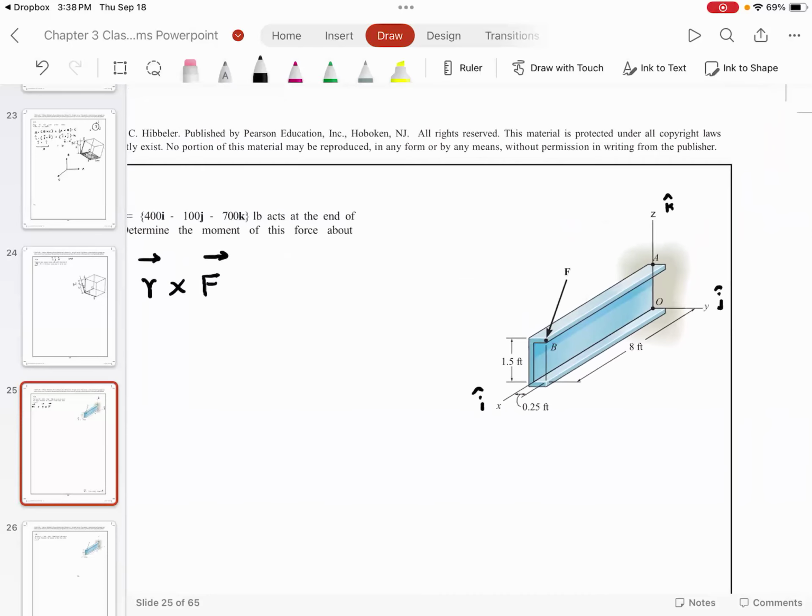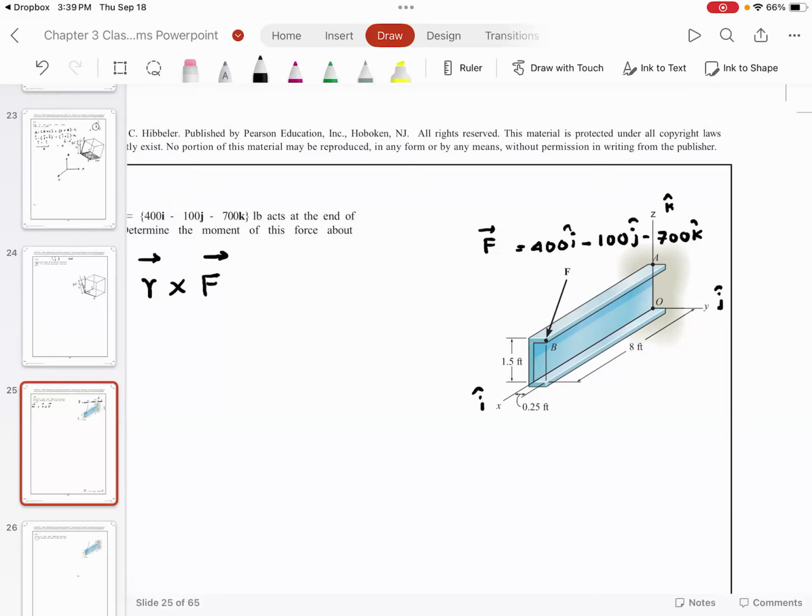This force is 400 I minus 100 J minus 700 K. Can someone tell me what this means? It says that this total force F has a component in x direction, which is 400 units.